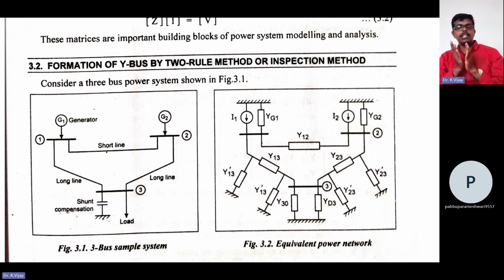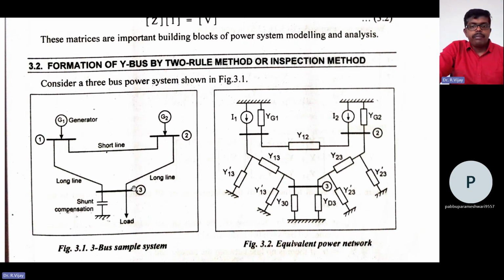And if you take the transmission lines, say for example 1 to 3 is a long line, some 100 kilometers or 200 kilometers, depending on where the generating station is situated from the load. And here you have the shunt compensation. So this three-bus sample system is being given in the problem.